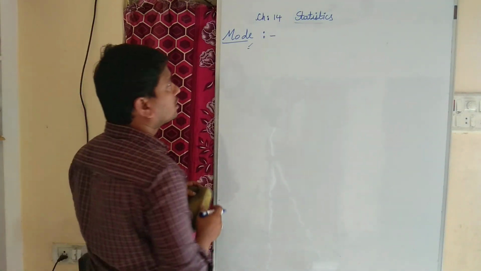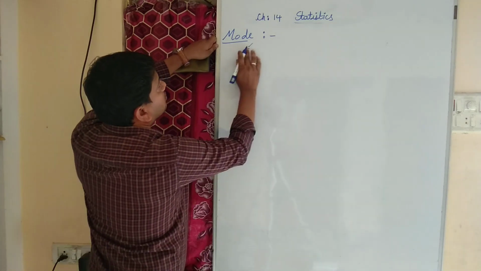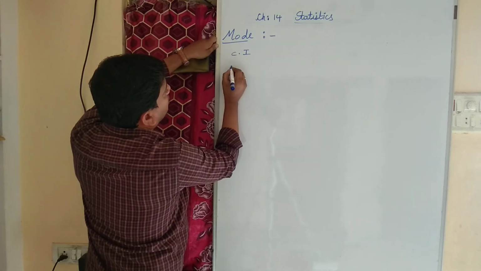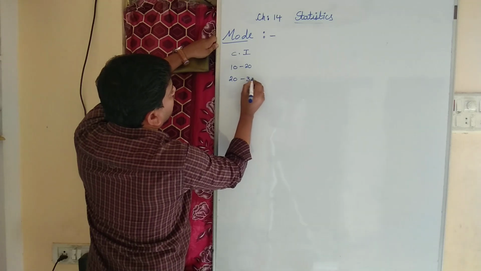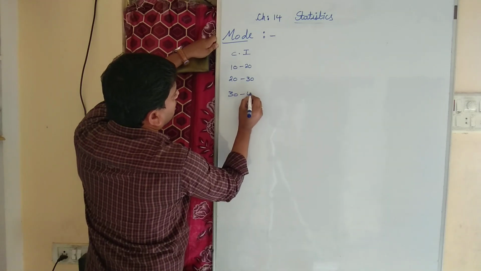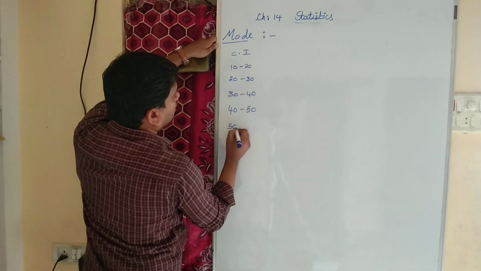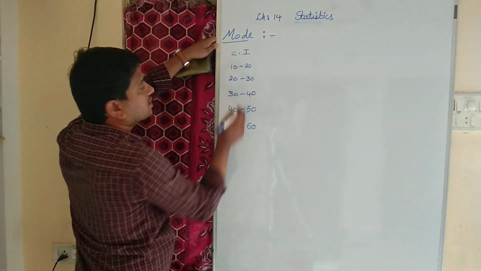Let us consider the scores of 20 students in a test. The class intervals are 10 to 20, 20 to 30, 30 to 40, 40 to 50 and 50 to 60, and these are the marks.